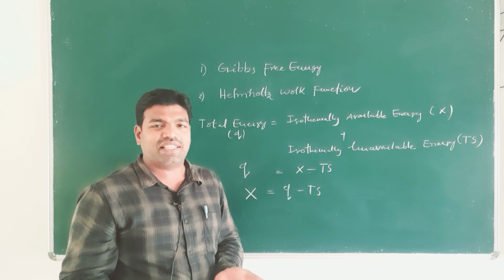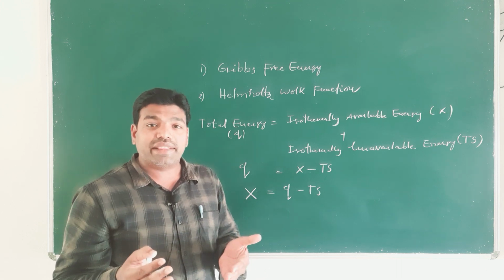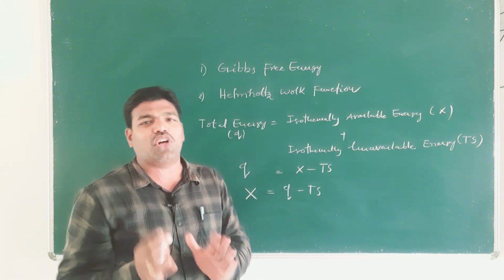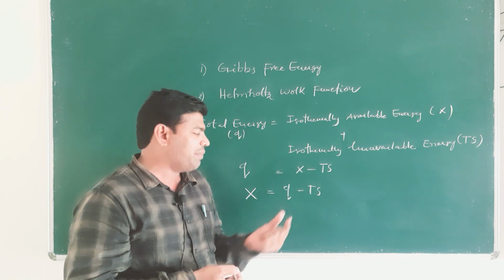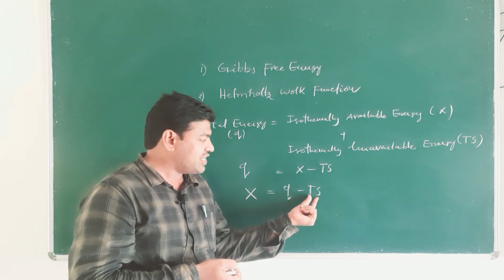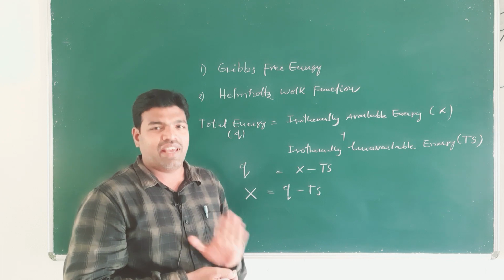What is total energy? The amount of heat that we are supplying to the system is total energy, represented by Q, and TS is a measure of unavailable energy.